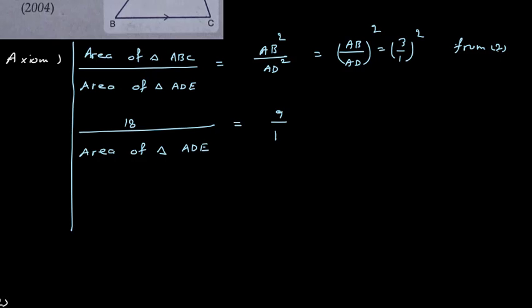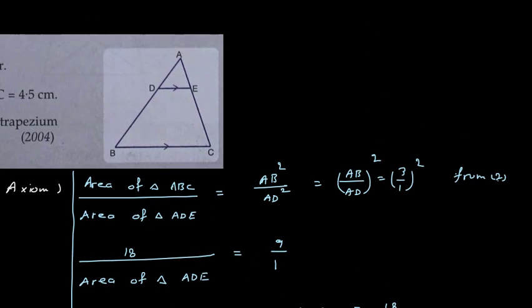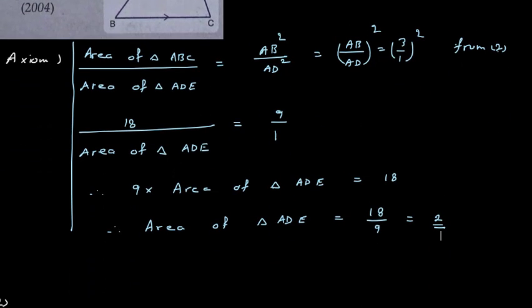Now I will cross multiply. So 9 into area of triangle ADE will be equal to 18. Therefore area of triangle ADE is equal to 18 divided by 9, which is 2. So the value of area of triangle ADE is equal to 2.